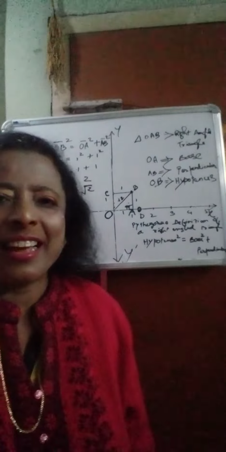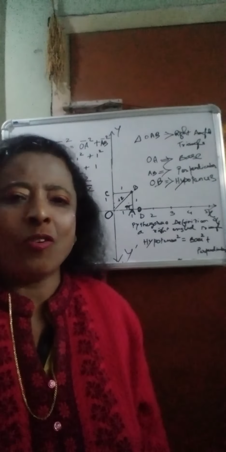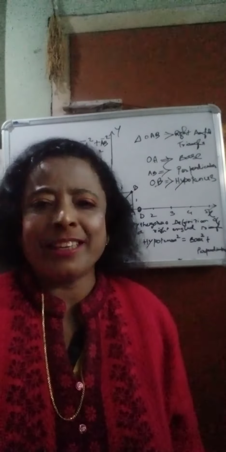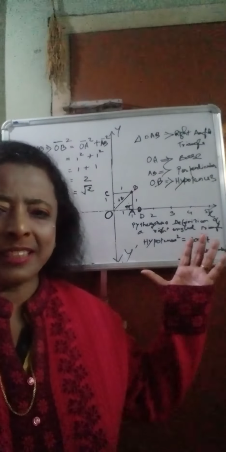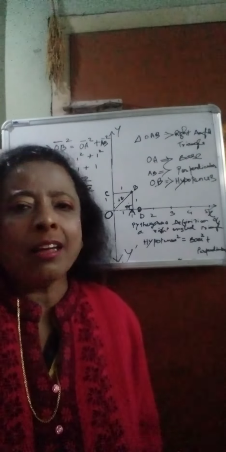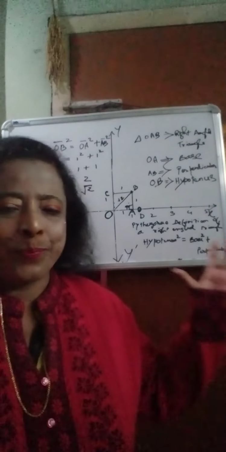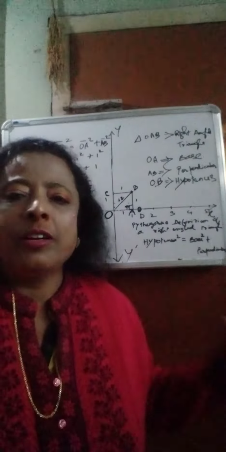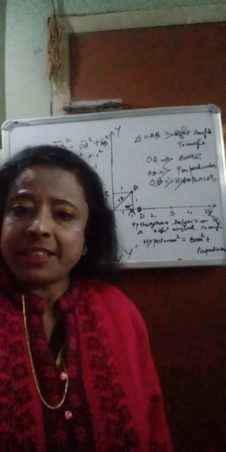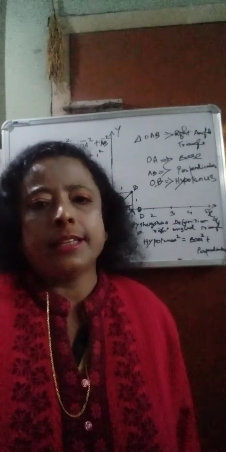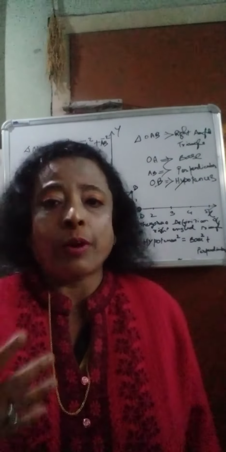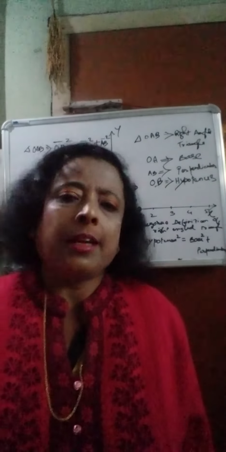So I think all you viewers and students understand my explanation of the position of an irrational number on the number line. I have already described why root 2 is called an irrational number.